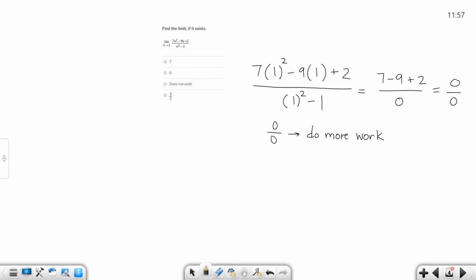Okay, so the do more work that you do is just to factor. So we're going to take the limit as x approaches 1 of 7x squared minus 9x plus 2 over x squared minus 1. When I factor that, we're going to use trial and error. You can also use bottoms up for those of you familiar with that.